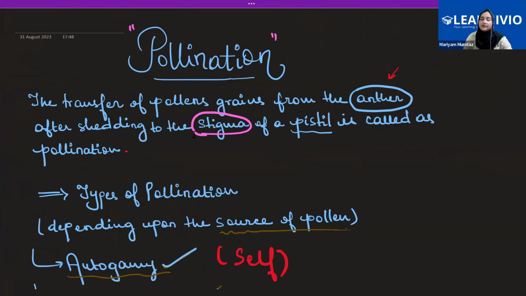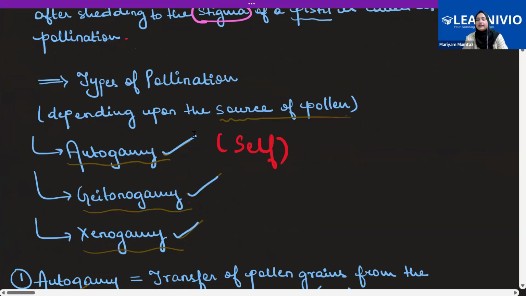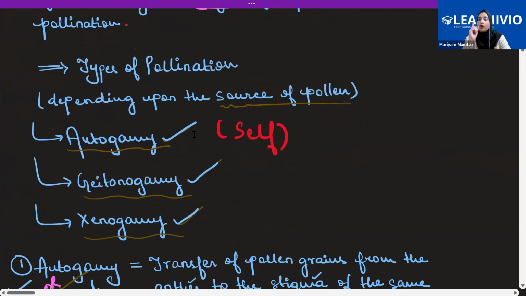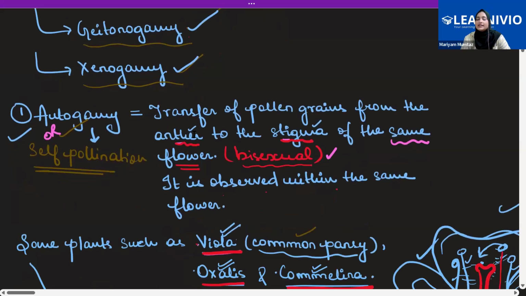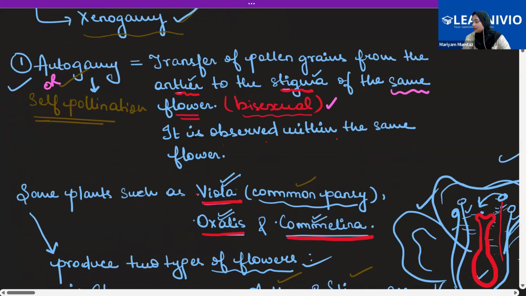Now, the different types of pollination depend upon the source of pollen. Source of pollen means from where the pollen grain is coming. So there are three types of pollination: autogamy, geitonogamy and xenogamy. Auto means self, so autogamy is also called self-pollination.